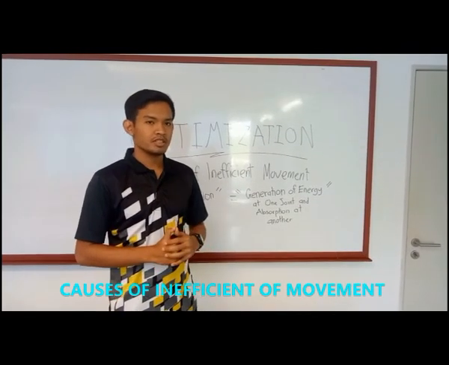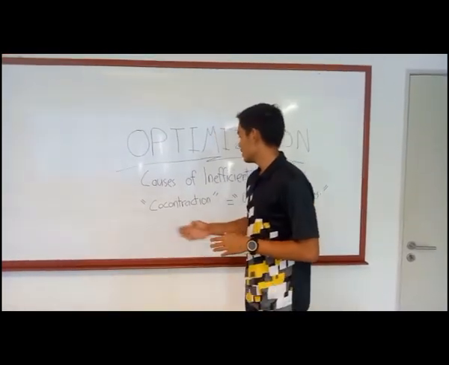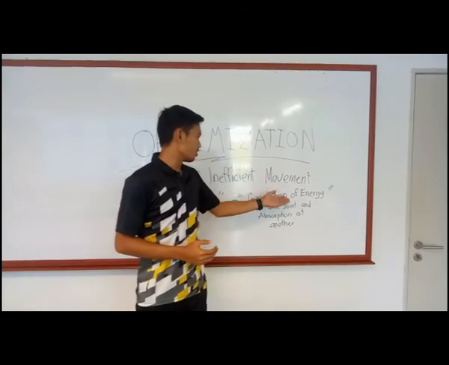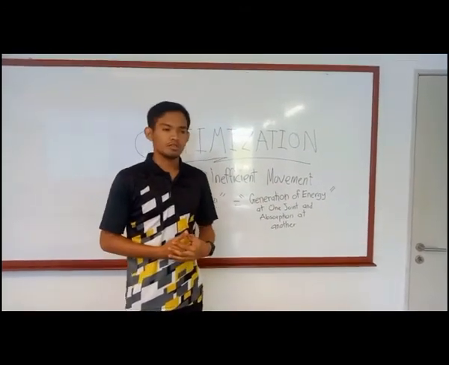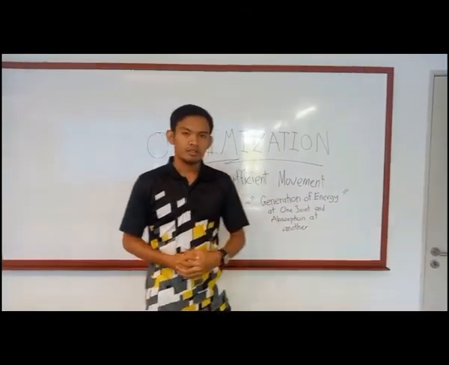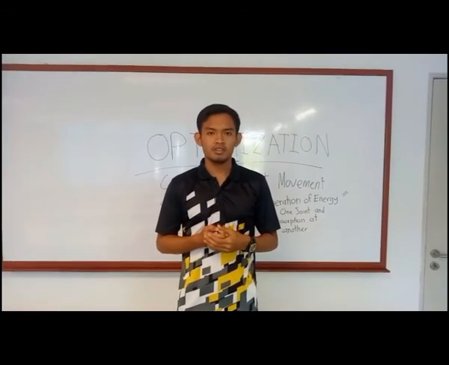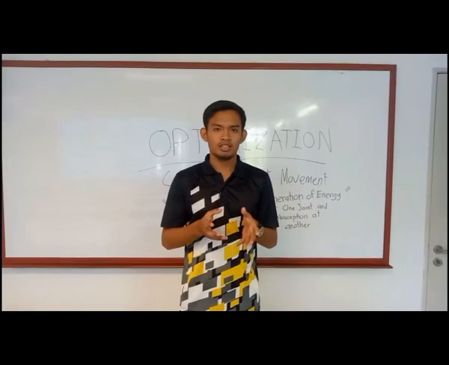The causes of inefficient movement. So we start with the first point, which is contraction. It is synonymous with the generation of energy at one joint and absorption at another. That means that you have a muscle active while you are not doing anything.